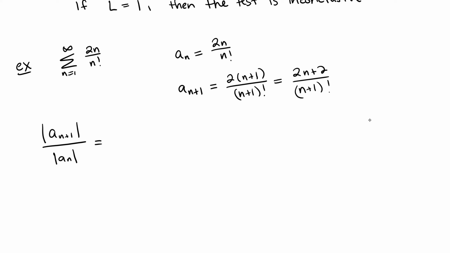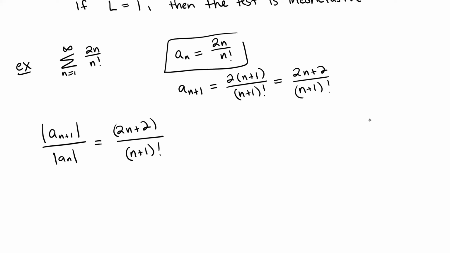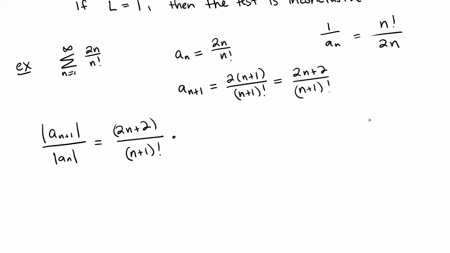Okay, so on top we have 2 times 2^n, and then we have n plus 1 factorial, and then a_n is 2^n over n factorial. So that means that 1 over a_n is equal to n factorial over 2^n.